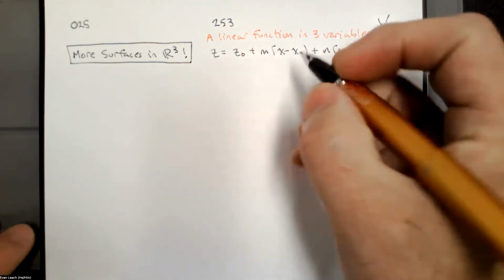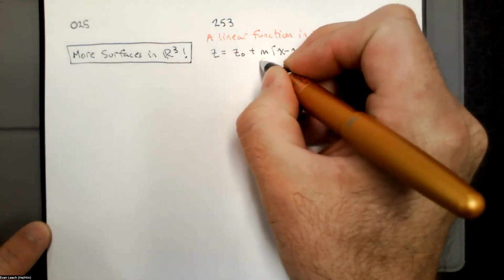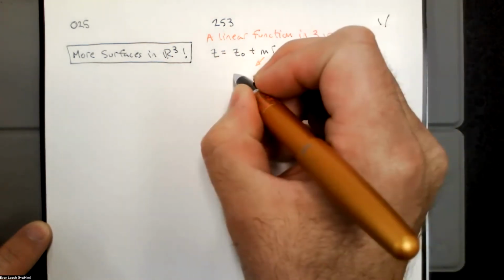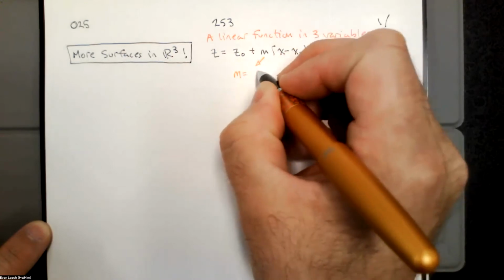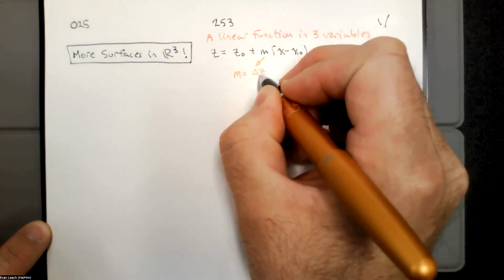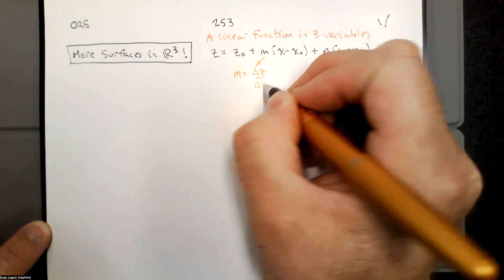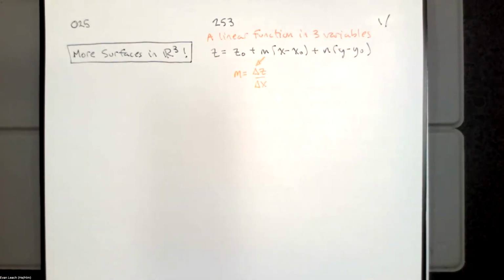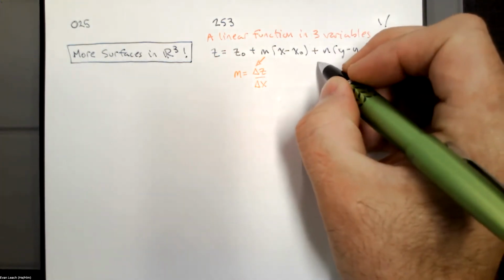So m is going to be the dz, the delta z over delta x. And the n will be delta z over delta y. So we have multiple slopes going around.